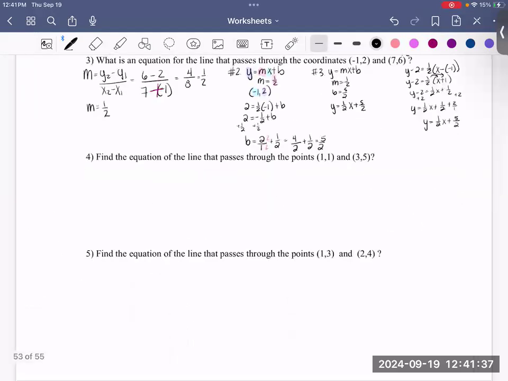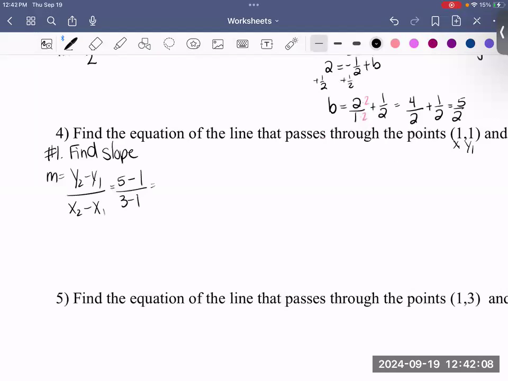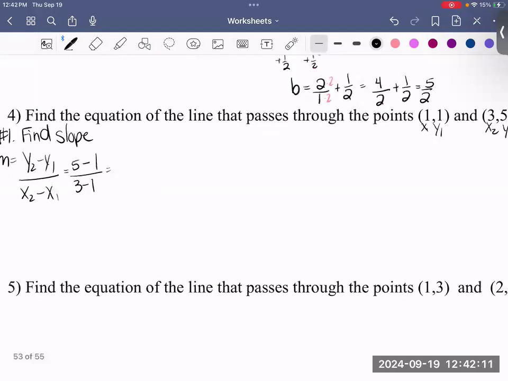We'll try just these last two. x1, y1, x2, y2. So we have number 1, find slope. And I recommend writing the equation of the slope each and every time. If we have a hard time remembering equations, that will definitely help. So we have 4 over 2, which makes 2.